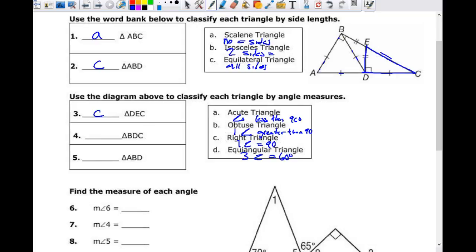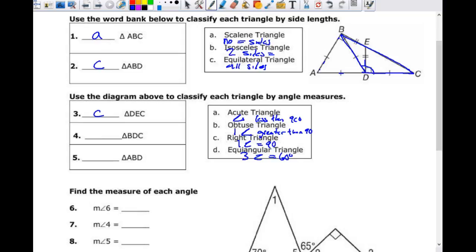BDC. This one. There's an obtuse angle right here. If there's one obtuse angle, this has to be an obtuse triangle.